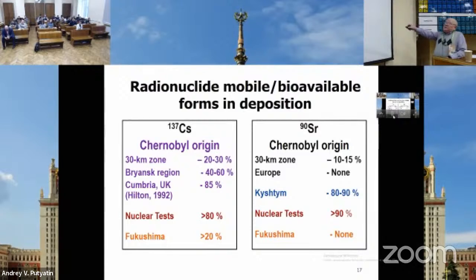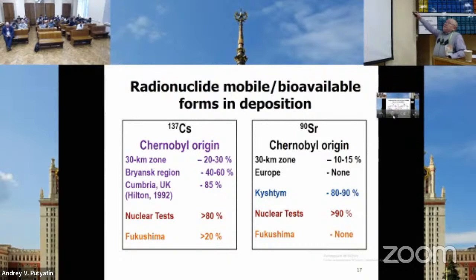For the Bryansk region in Russia, it was already 40 to 60%, and in the UK, in Cumbria, 85% of cesium-137 was in mobile bioavailable forms. We can also compare these values with nuclear tests or global fallout, where more than 80% was in mobile form, and with Fukushima.